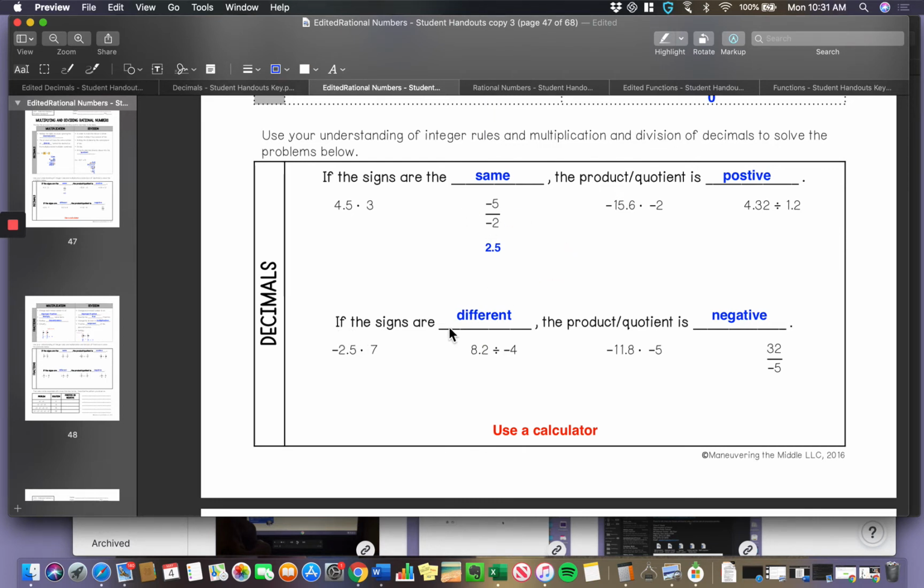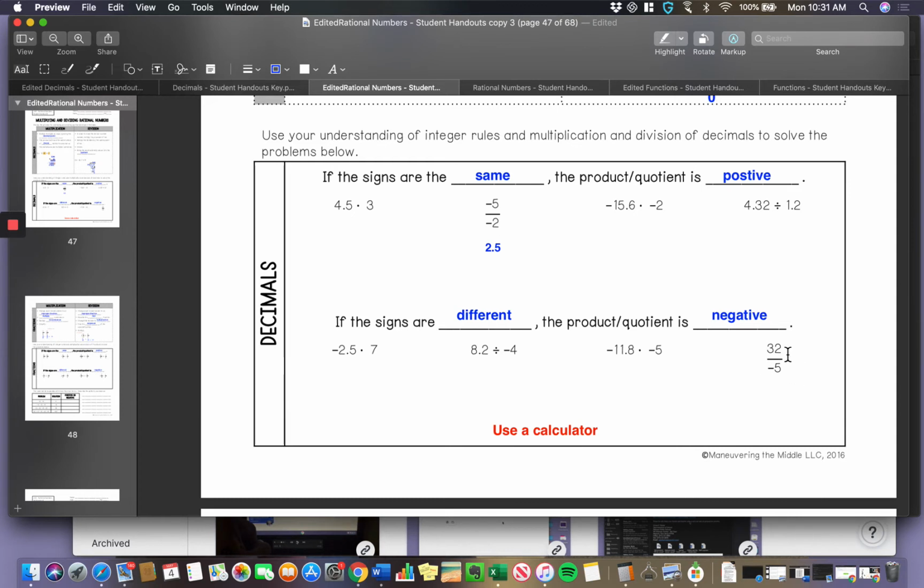So, if the signs are different, the product slash quotient will be negative. So, my sign is negative, this sign is positive, I'm going to get a negative answer. Same thing here, I have a positive and a negative. They are different signs. My quotient will be negative. For this one, I guess they're trying to trick you, because now I have the same sign, so it's going to be positive.